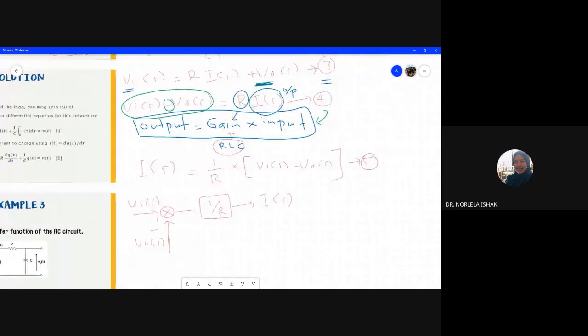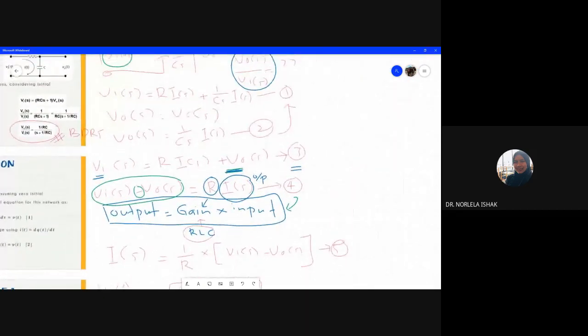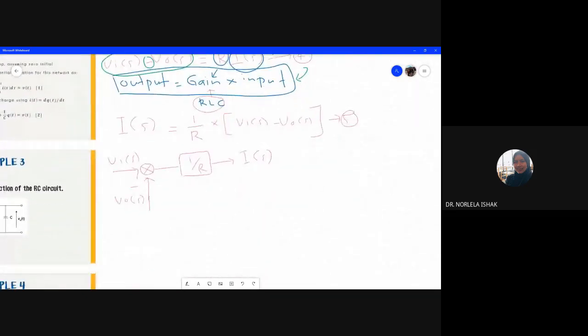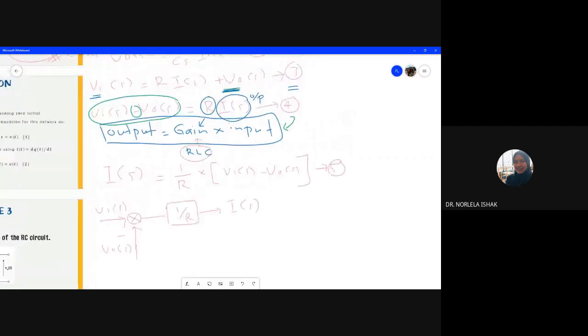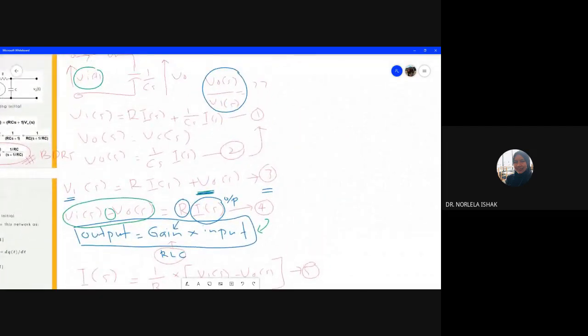Now the next. What is the equation we just derived? The V naught. From equation number 5, we have another equation related to V naught equal to capacitor voltage. V naught equal to capacitor voltage, and capacitor voltage equal to 1 over Cs multiplied with the current.